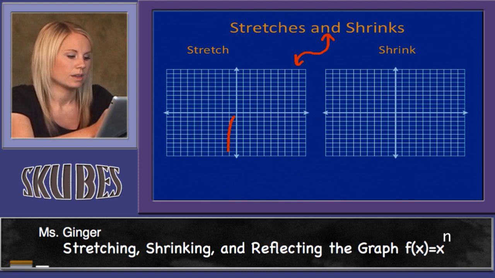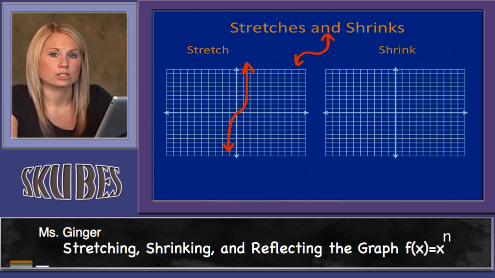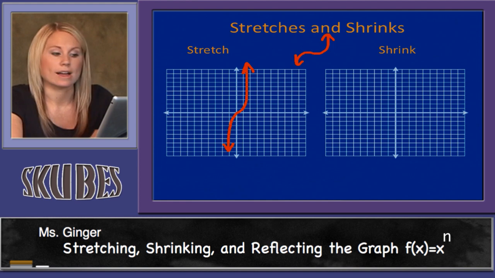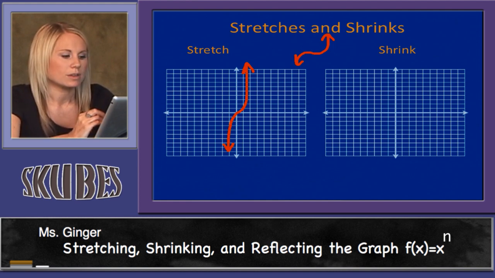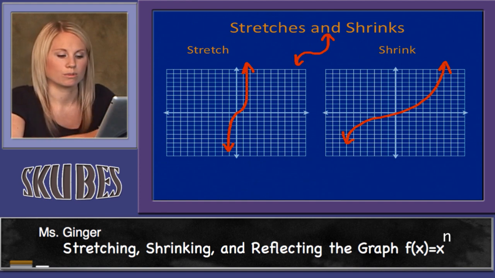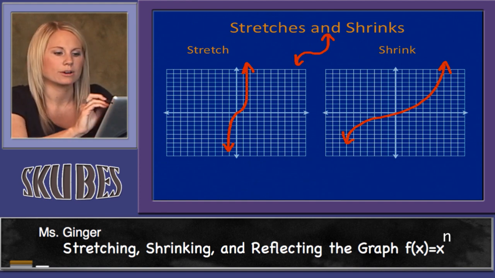We're not sure until we see our coefficient how much of a stretch we've had, but it's definitely going to be some amount closer to the y-axis. And as we have a shrink, we're going to get closer and closer to the x-axis, kind of like it's being pushed down from both ends, so a little bit wider.